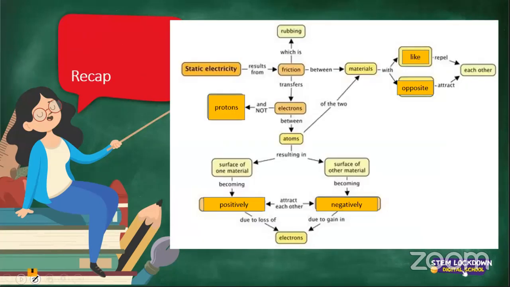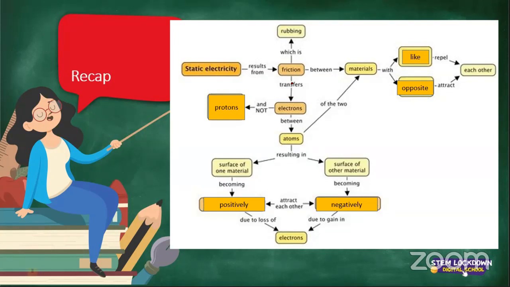So to recap yesterday's lesson, what you need to know is that static electricity results from friction, and it's friction between particles with like charges and opposite charges. The like charges repel each other and the opposite charges attract each other.